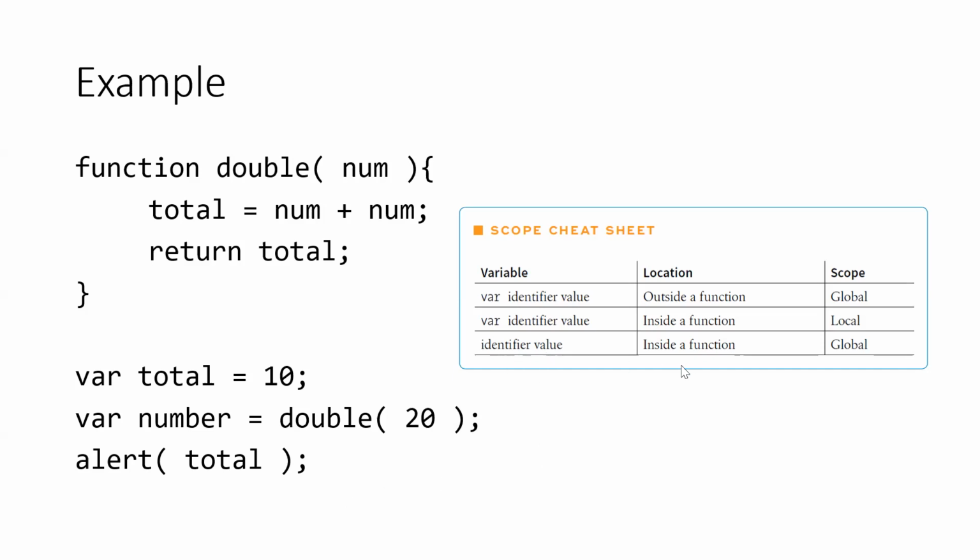But if you have just a value inside the function like this, it will be global scope. So that's why initially total is 10, but since you call the function here, total will be assigned 20 plus 20, 40, and that is visible to the outside, and that's why you are getting 40 here. Right. So that's about variable scopes.